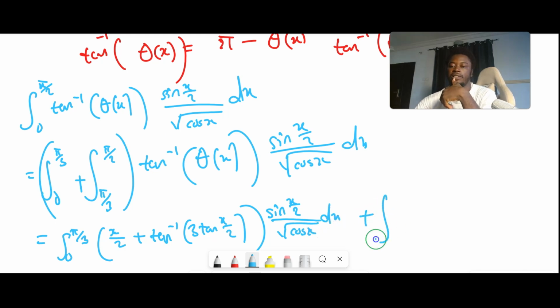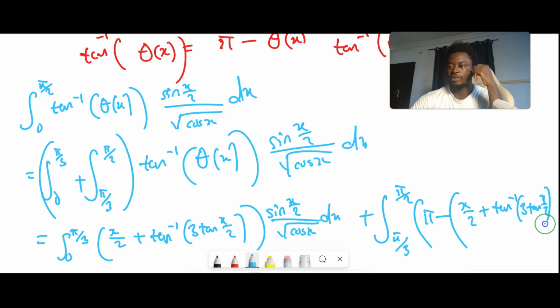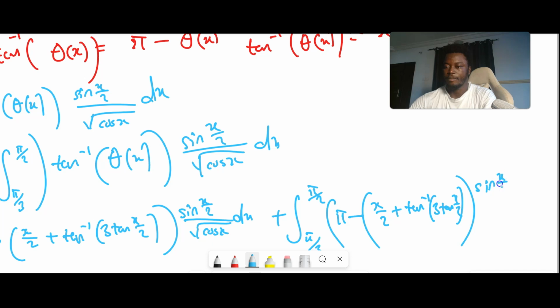Then you have a plus the integral from pi over 3 to pi over 2 of pi minus x over 2 plus tan inverse of 3 tan of x over 2. Then you would have sine of x over 2 divided by square root of cosine of x dx.